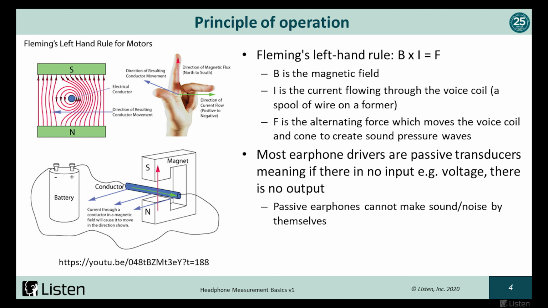We have to put a signal in to get some sound out of them. And that is not necessarily the case for an active device where there's an amplifier and you can have electronic noise coming out of it or even some sort of interference going on. So I'm just going to be focusing today on earphone transducers, passive transducers.